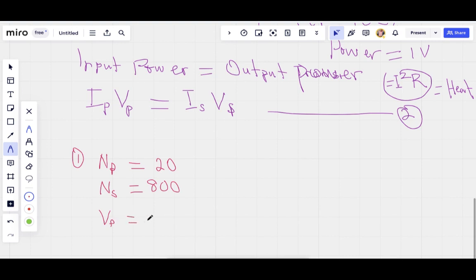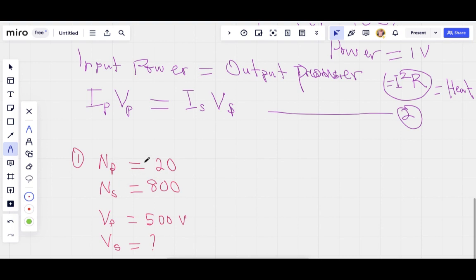So this is 500 volt. Now they want us to find VS, the output voltage, the output potential difference.